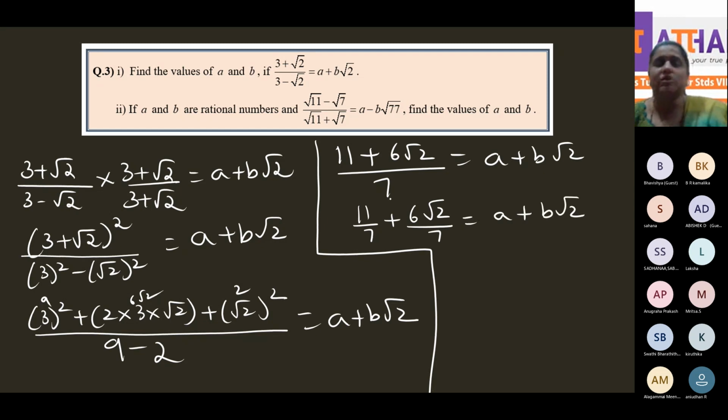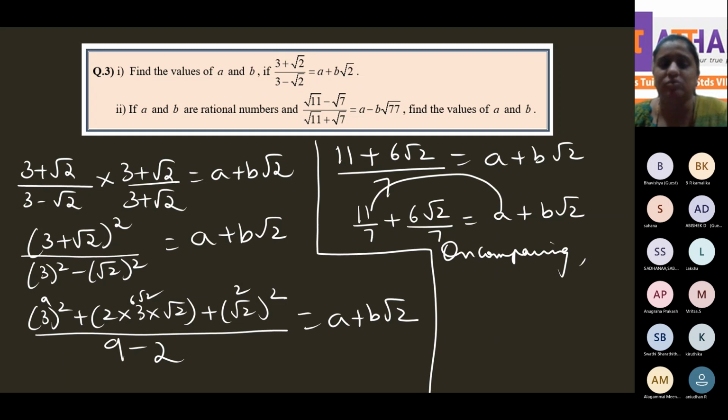That is, take the denominator for both the terms in the numerator. Now compare both the sides. On comparing both sides, we get a is equal to 11 by 7.